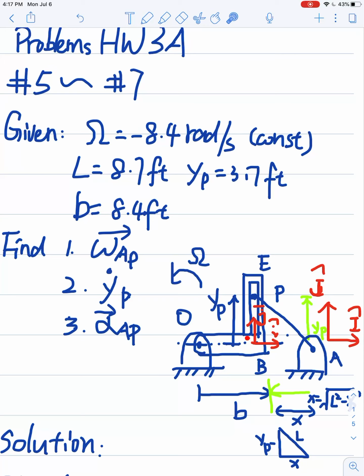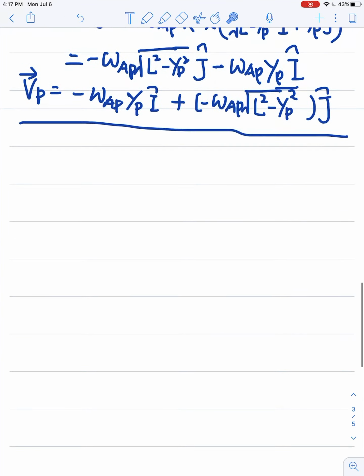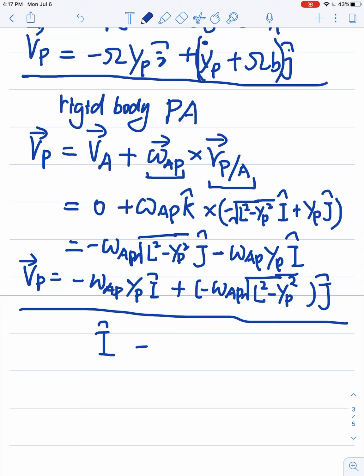But keep in mind, if this system rotates by a certain angle, small i would have an angle with big I, and you cannot assume they're the same. You have to find the angle and do the conversion between the two coordinate systems. But for this problem it's easy, because they're at this special angle. There's no angle between small i and big I, therefore we can assume they are the same.